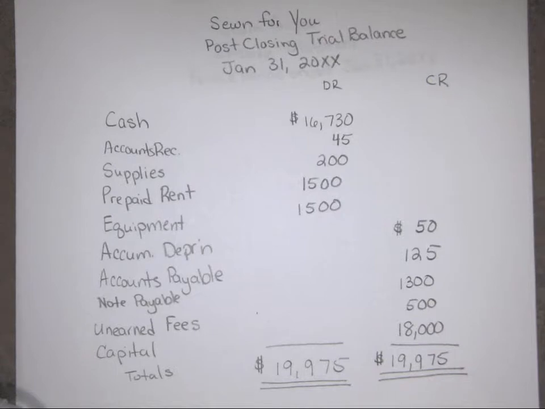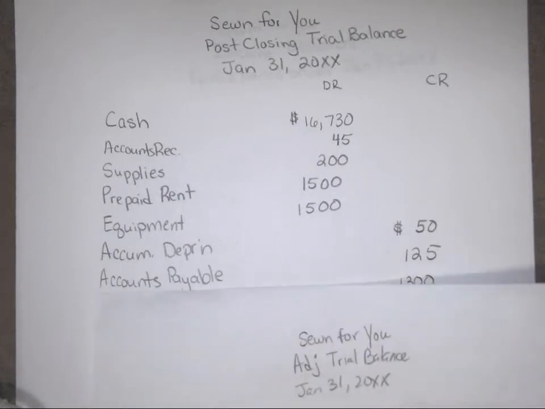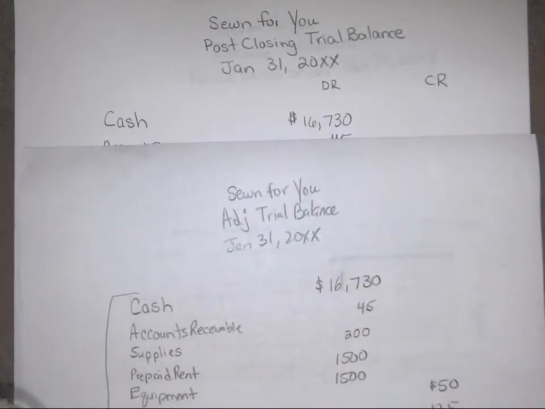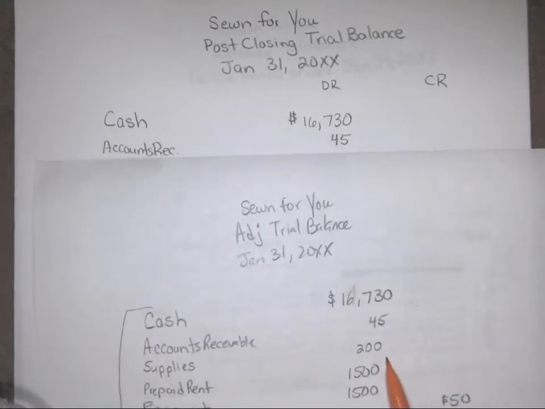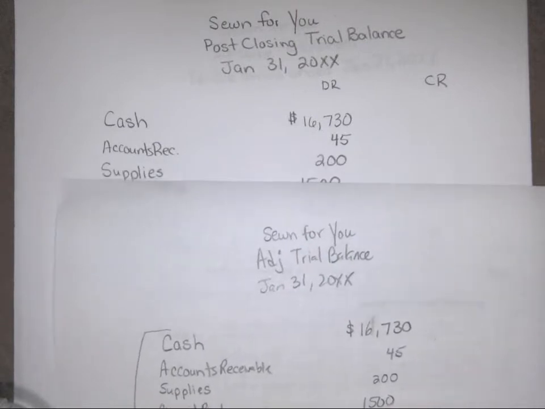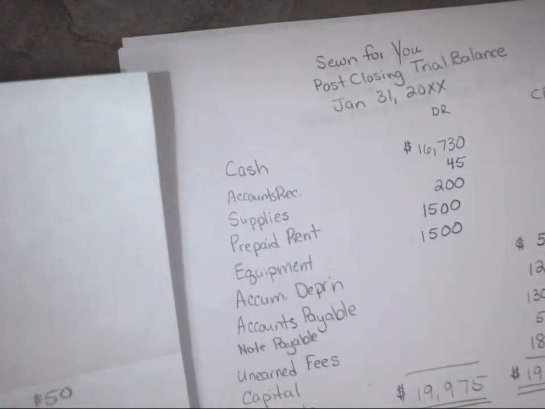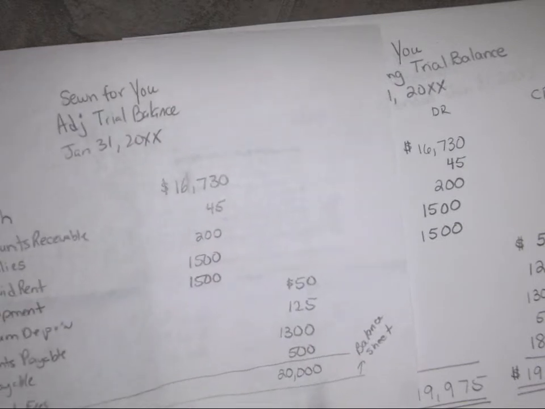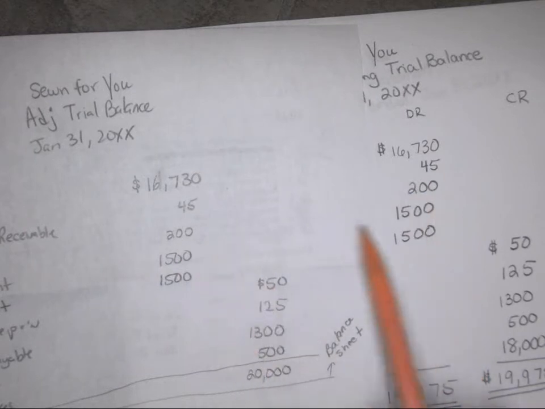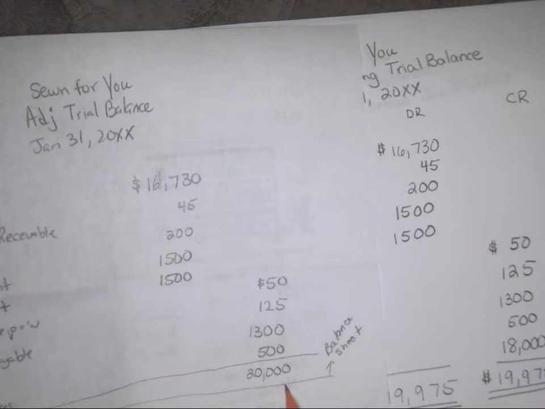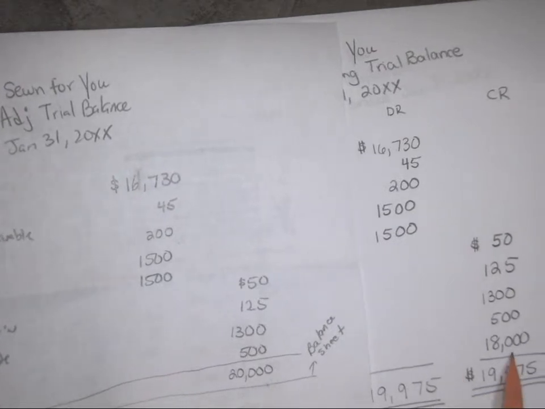So if we wanted to go back and compare it with our adjusted trial balance, notice cash is at 16,730, 45, 200. If we lay them out beside each other, what you can see is that in fact the 16,730, the 45, the 200, the 1,500, the 1,500, the 50, the 125, the 1,300, the 500 are the same, and I said the capital amount would change, and in fact it did.